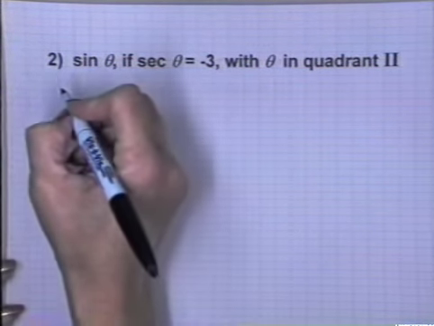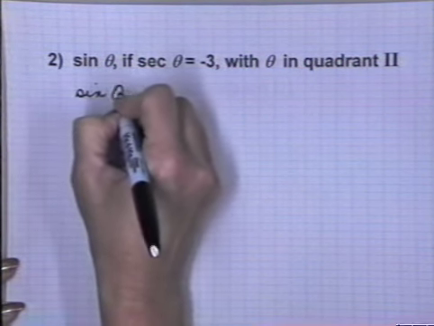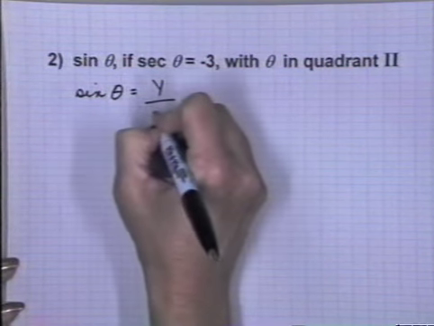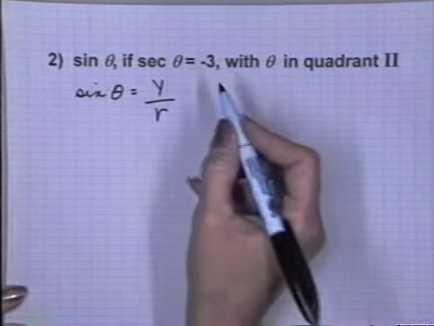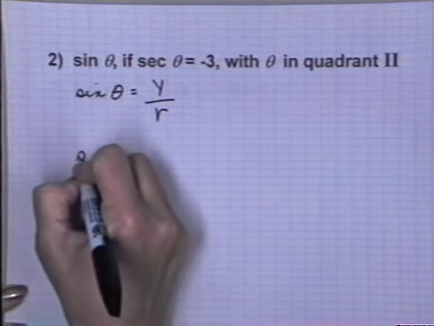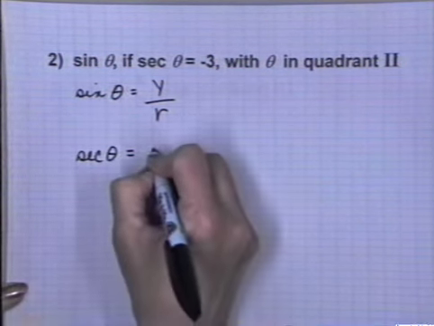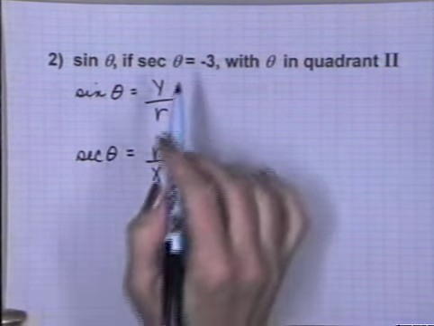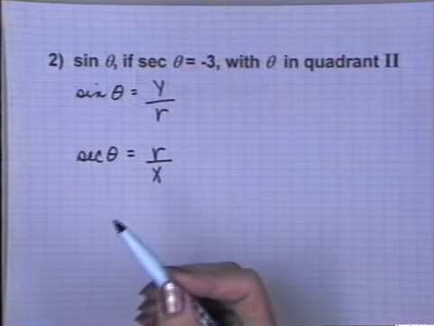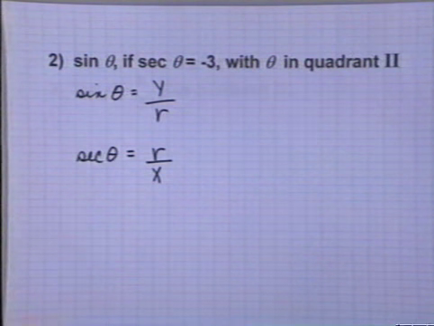So using that XYR method, I know if I want to find the sine of theta, that it is equal to y divided by r. So I need to figure out what y is and what r is. And when I'm given the secant of theta equals -3, I know that the secant of theta is r over x. Well, in this case, since it's negative, of course, I need to figure out whether my x's and y's are positive or negative.